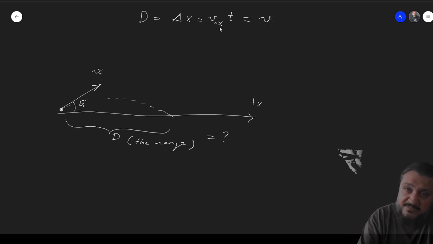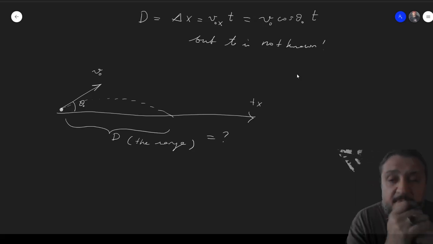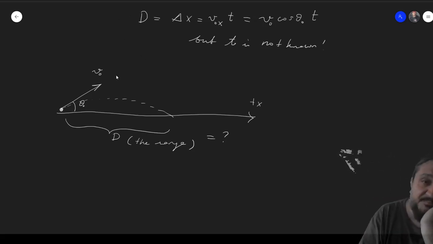Now I'm going to replace v0 x by v0 cosine theta 0, like we did previously, times t. But t is not known. So how do we continue then? T is not known, but there's something else we know. We don't know the final velocity. We don't know time.